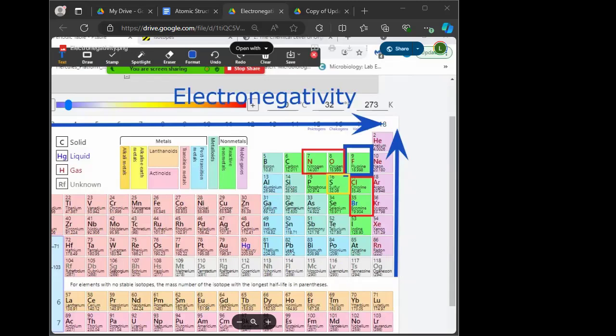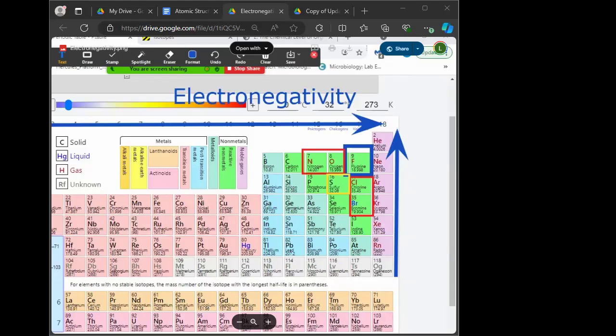Now, why is it not helium? Why is helium not the most electronegative? Because remember, helium already has 8 valence electrons. It's not interested in pulling more electrons. Its octet rule is already fulfilled. Done.